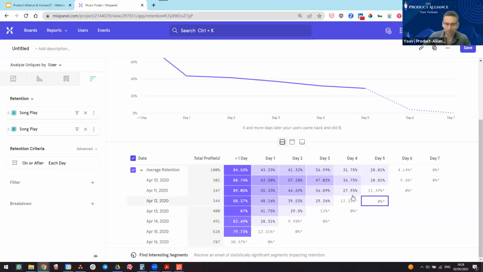Why don't I see all the days here and all the days here? Again, I won't go into all the technical details behind it, but basically the idea behind the retention report is that we're comparing different cohorts. We're taking all the users that came in on this day and all the users that came in on this day, and so on. Each one of them is set in a group.